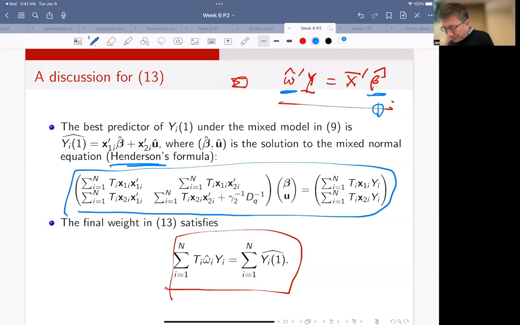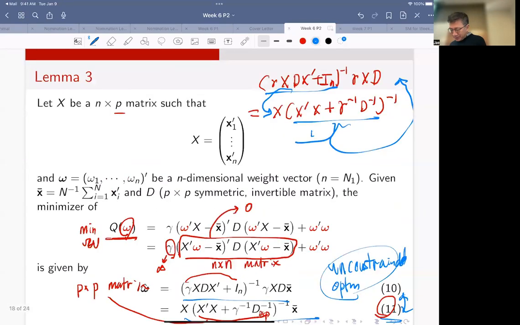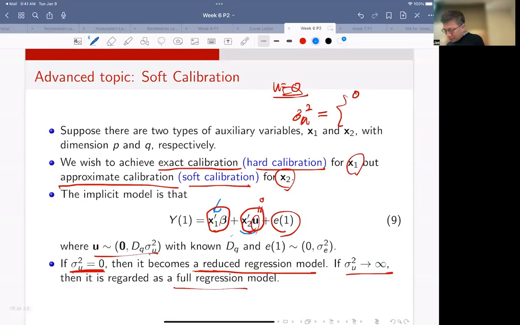Because you have basically, what is the implication of this one? If you think about the likelihood, suppose everything is normal.